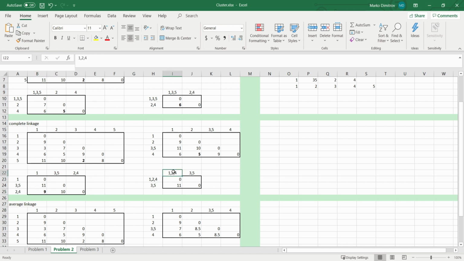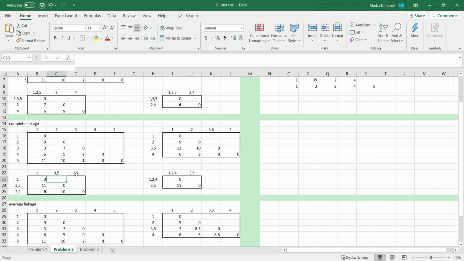One group is individuals 1, 2, 4. The second group is individuals 3 and 5. In this case, we can compute the maximum distance, so it is 11. Okay, and we create this last cluster that contains all our individuals in the last step with distance 11.